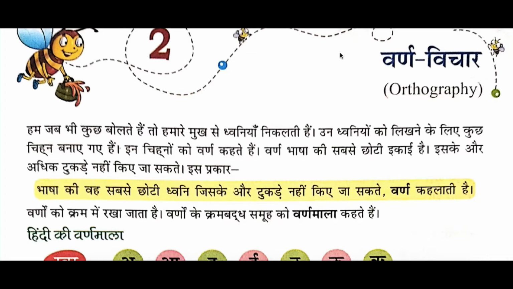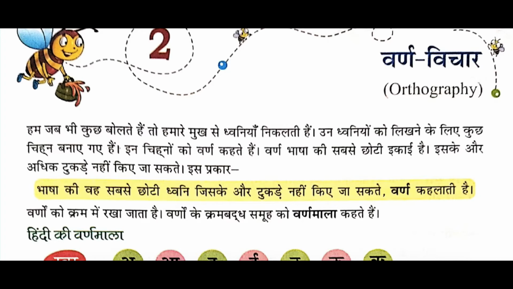Whatever the language is, Hindi, English, Tamil, Telugu, French, German, for that language there will be वर्ण, and that वर्ण will be the smallest unit. सबसे छोटी इकाई means the smallest unit. It means you can't break that letter any more. इसके और अधिक टुकड़े नहीं किए जा सकते हैं. You can't divide it anymore.